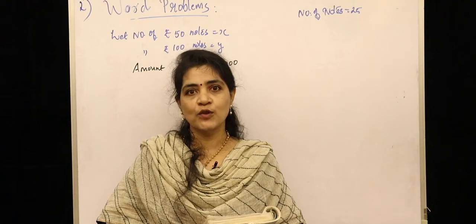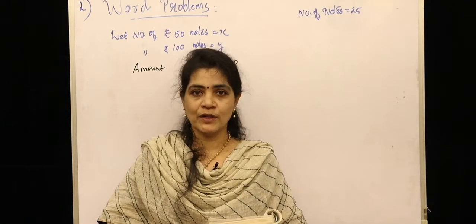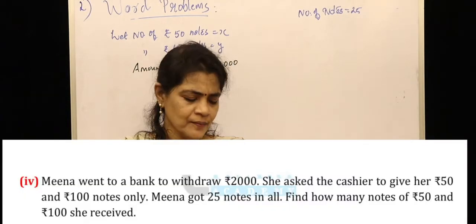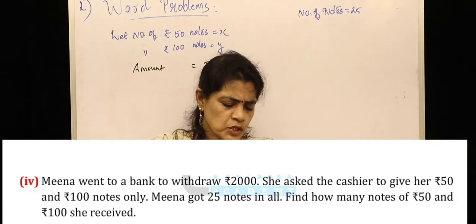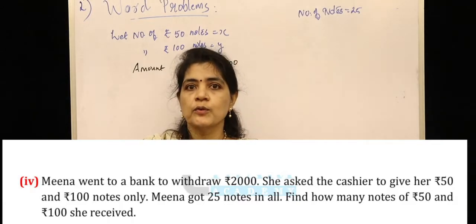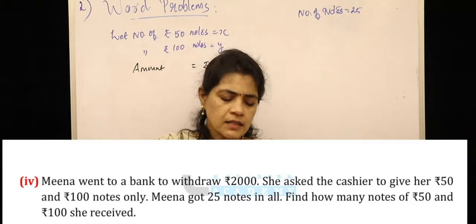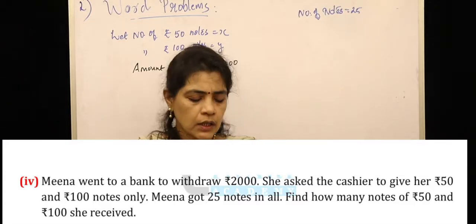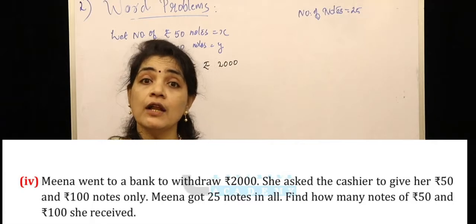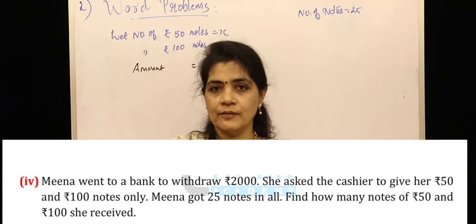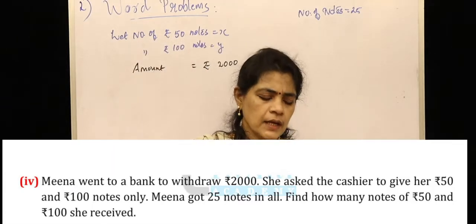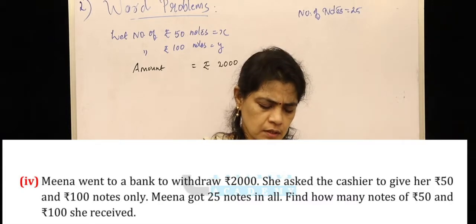Now we are solving the fourth question. This is also a very important problem, but it's quite a simple question. Meena went to a bank to withdraw rupees 2,000. She asked the cashier to give her rupees 50 and rupees 100 notes only. Meena got 25 notes.